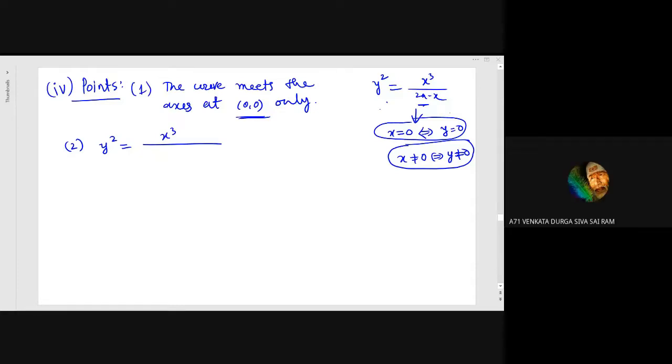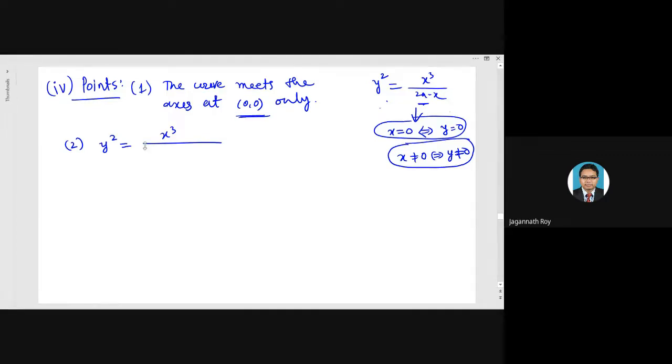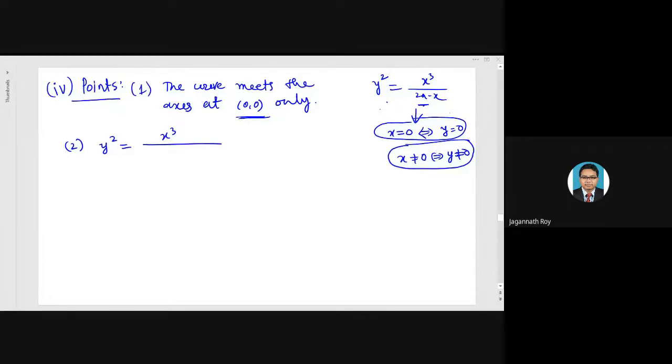Tell me, when we try to find out the inclined asymptote, we take x equal to 1, y equal to m, and we have to find the values of the constants m.